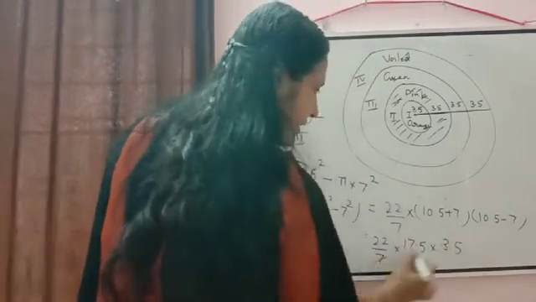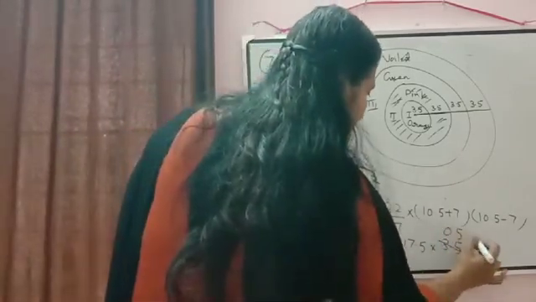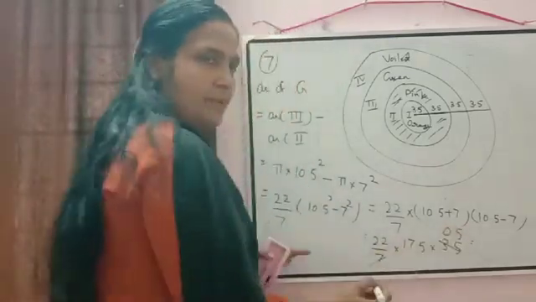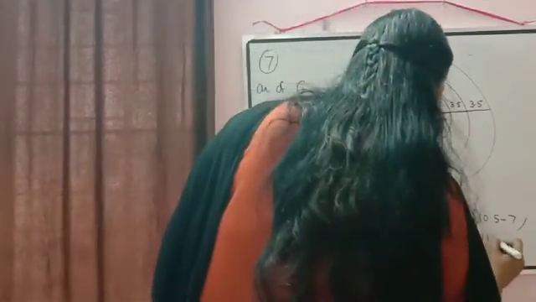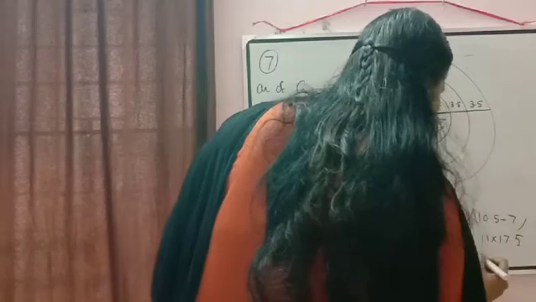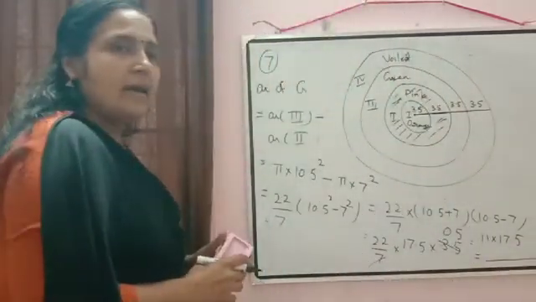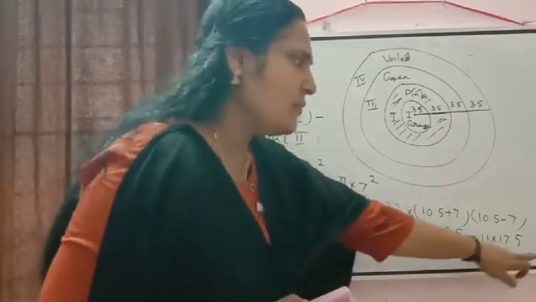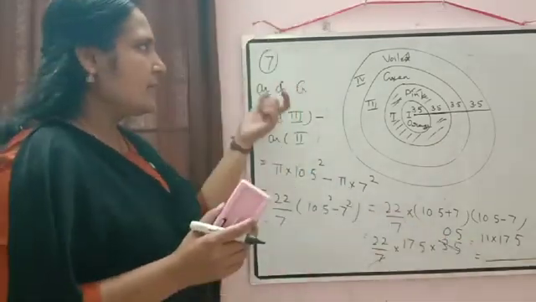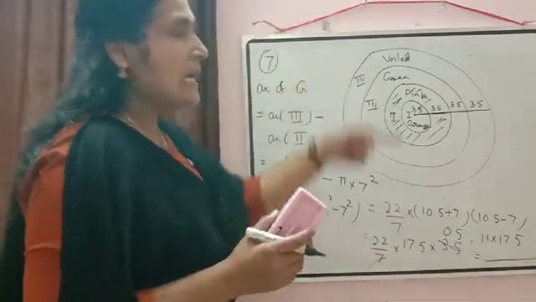So again 7 and 3.5 will get cancelled. 22 into 0.5 will be equal to 11. 11 into 17.5. Just do the multiplication and write your answer there. This multiplication you can now do directly. So we calculated the area of the green region.